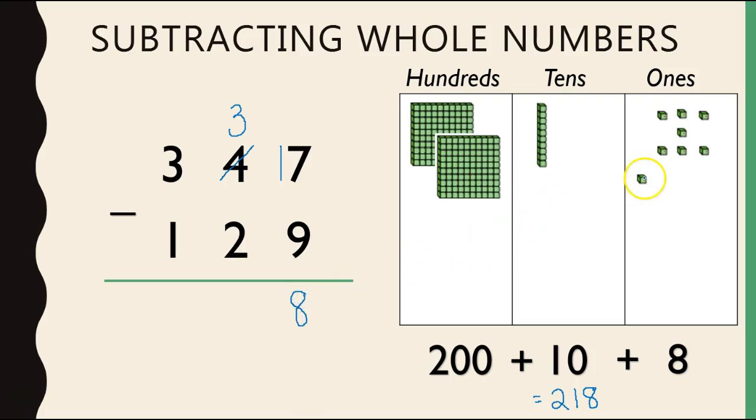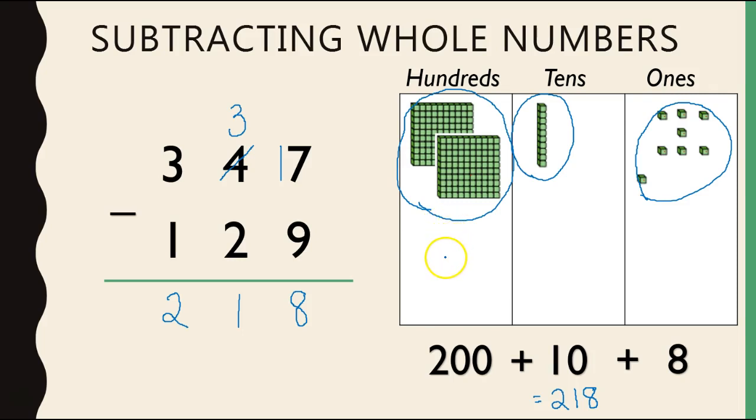Look at this. And then 3 minus 2 would be 1, just like this. And 3 minus 1 is 2, just like this.